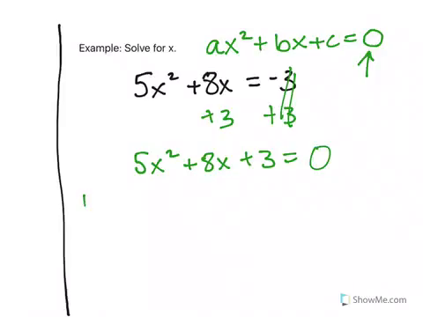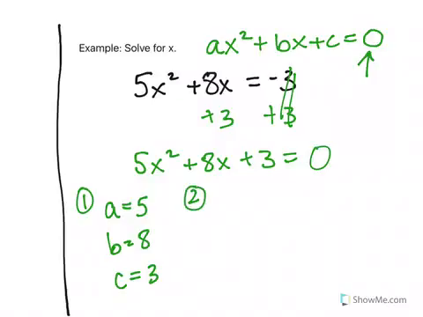Now I need to define my variables. A equals 5, B equals 8, and C equals 3. All positive numbers, that's nice. Now I can plug them into the quadratic formula. So step 2 is to plug them into the quadratic formula.